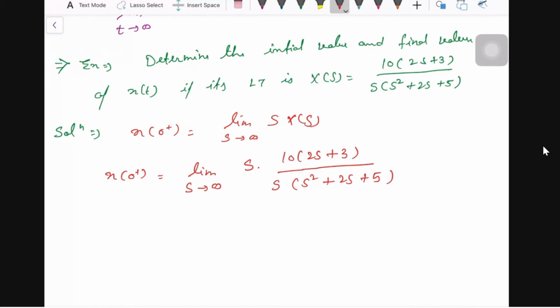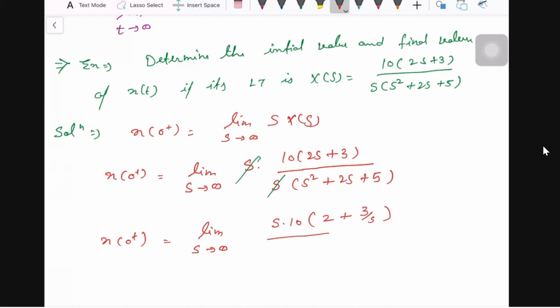So in that case x(0+) equal to limit s tends to infinity. Now you can take s common, so s into 10 times (2 plus 3 by s).